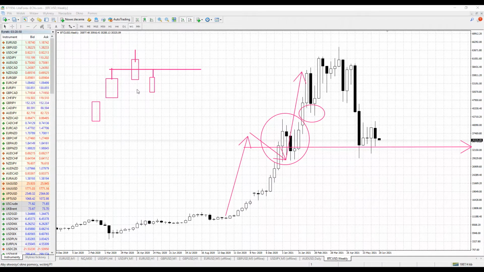If we have a high which closes below the previous candlestick high, we might expect that the price is going to move down further.